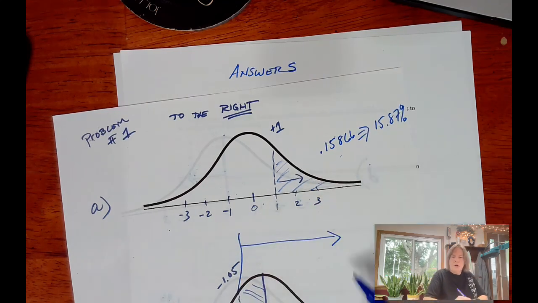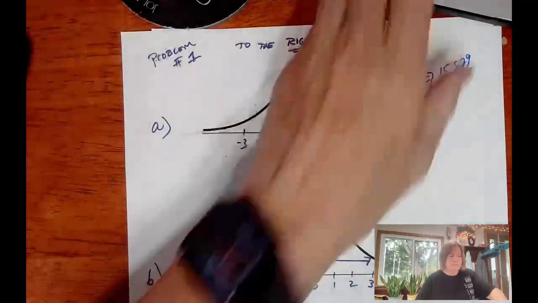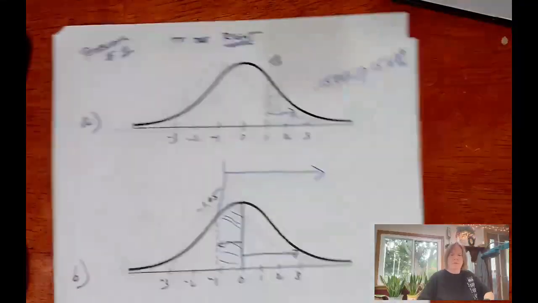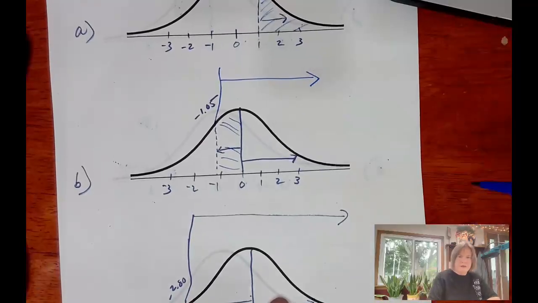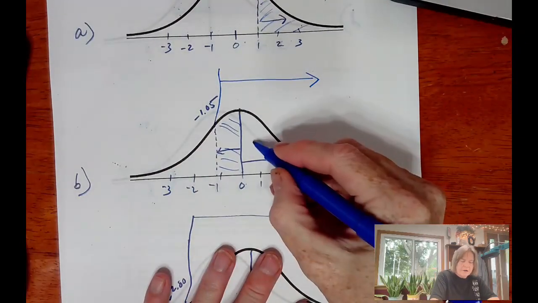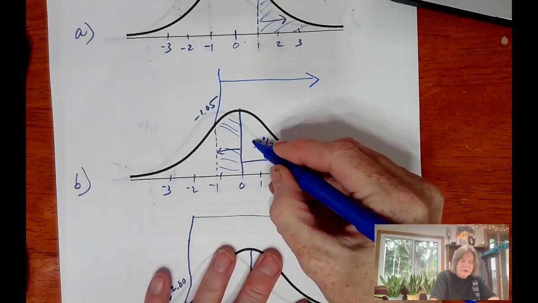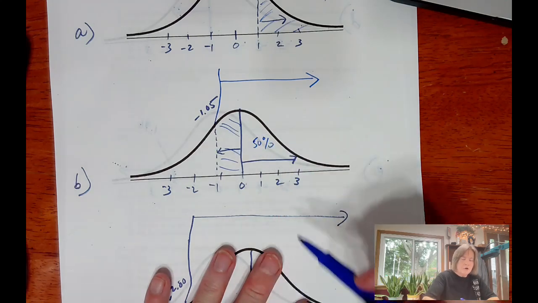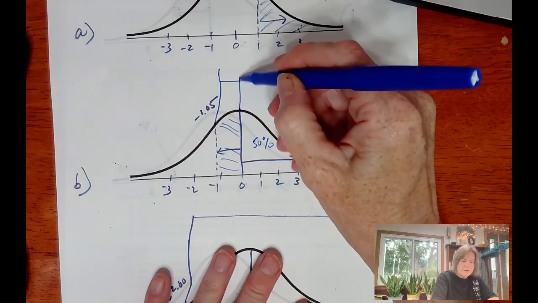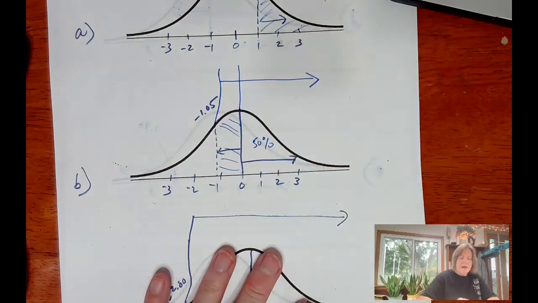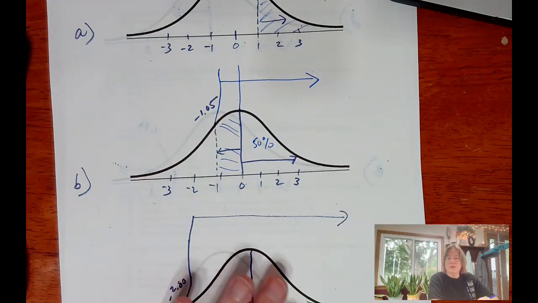You want all of this up here. Well, this part right here is 50%. So we're really looking for this space, and then we're going to add it to 50% to get everything else.